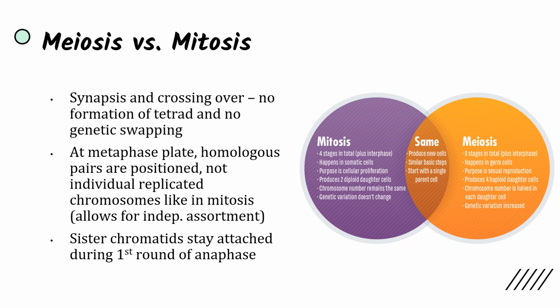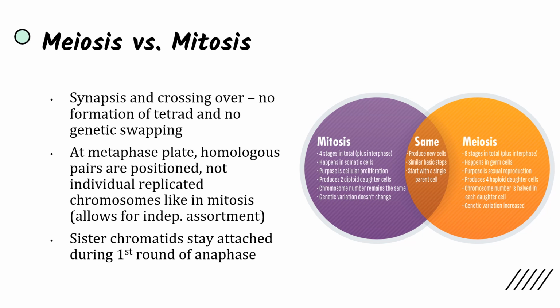At the metaphase plate, the homologous pairs are positioned, and they're not individually replicated chromosomes like in mitosis. We're not pulling apart just sister chromatids, we're pulling apart homologous chromosomes that have formed in these tetrads. And lastly, sister chromatids stay attached during the first round of anaphase in meiosis, whereas in mitosis, there's only one round and these sister chromatids are being pulled apart during it.